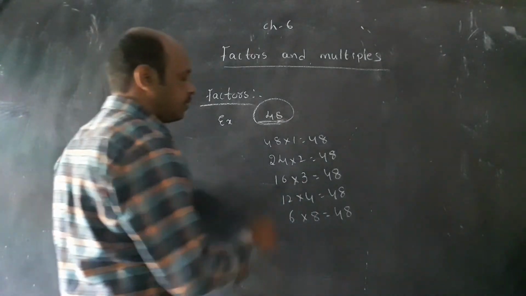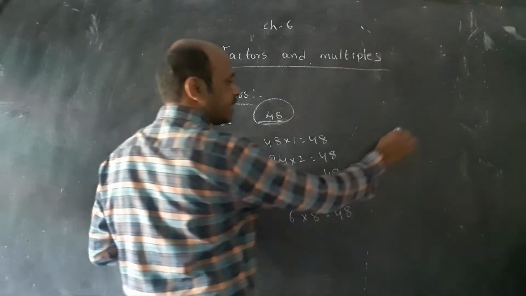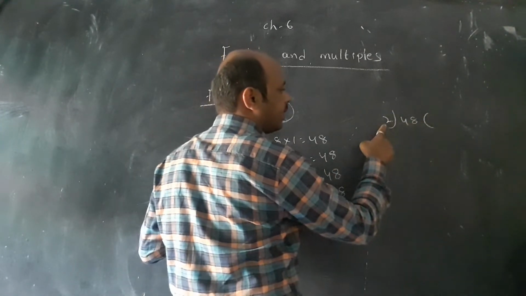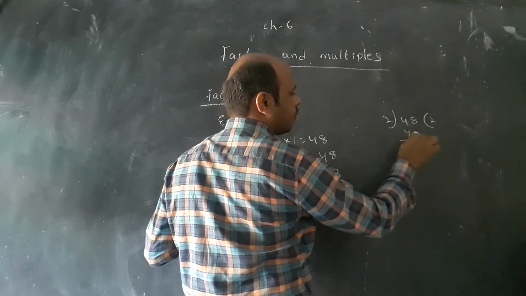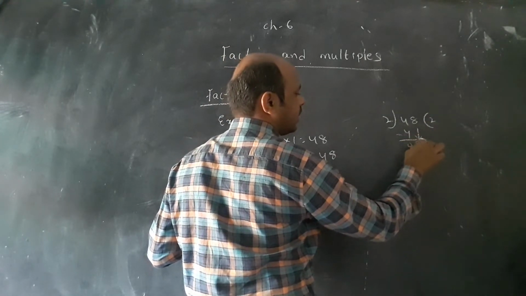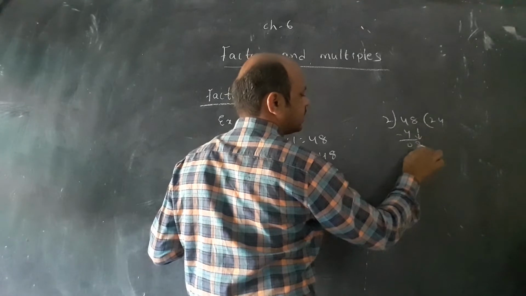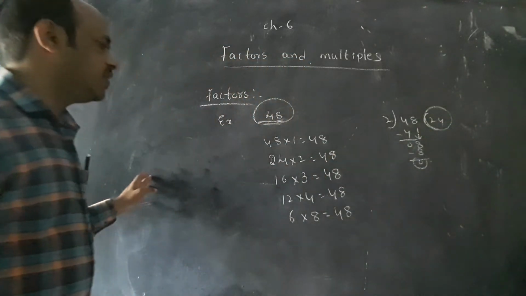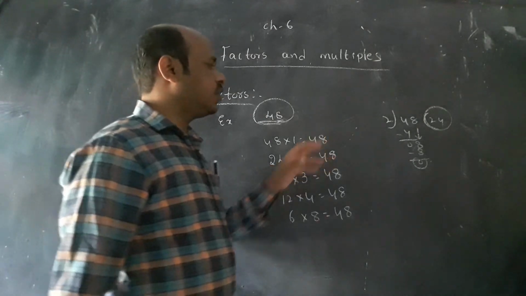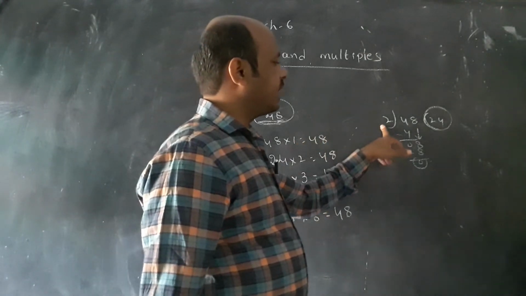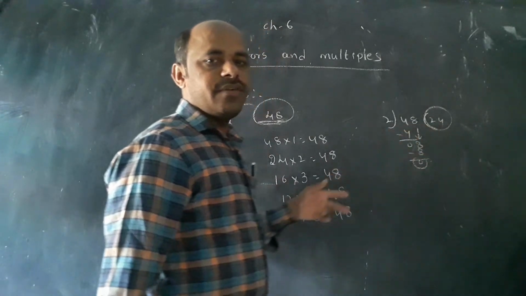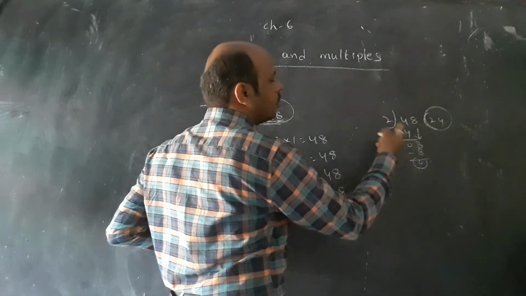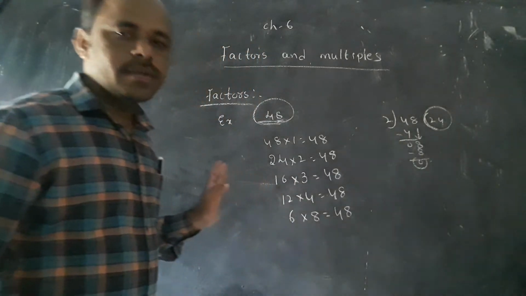See, for example, how it is possible: I will take 48 here, 2 table. 2 2s are 4 and 0, draw 8 down, 2 4s are 8. Here also subtract, the quotient here is 24. Whenever we multiply divisor and quotient, we will get the dividend. By the same way, 24 table also 2 times will go, remainder will come 0.